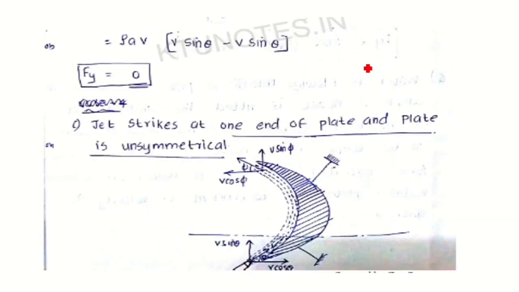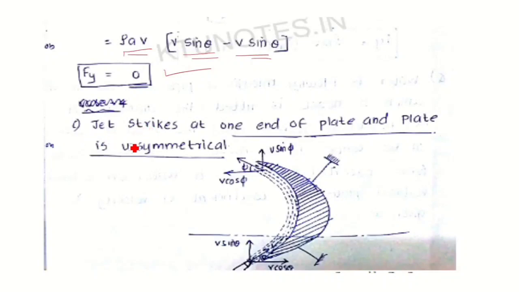So F of y becomes rho a v into v sin theta minus v sin theta. Since both at inlet and outlet the direction of the jet is the same, there is no additional negative sign. So the y component becomes 0, v sin theta minus v sin theta is 0.